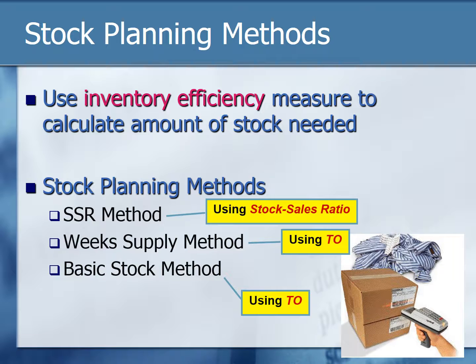We have learned about turnover before. So in this module, we're going to focus on the SSR method. We will first learn about the stock sales ratio as an inventory efficiency measure, and then learn how to utilize this SSR to actually plan the stock level.